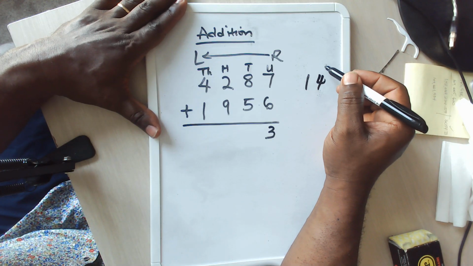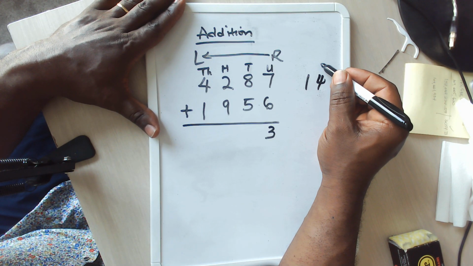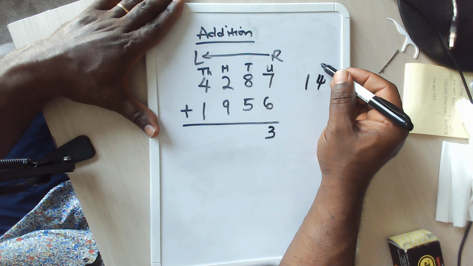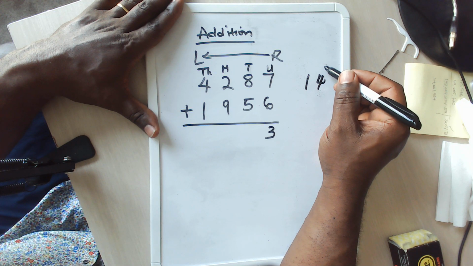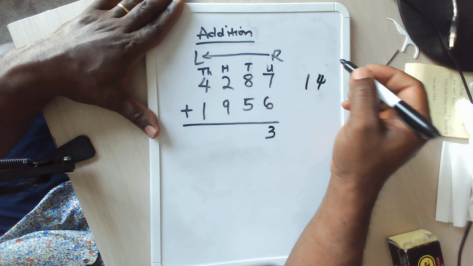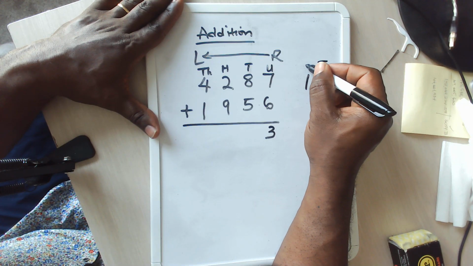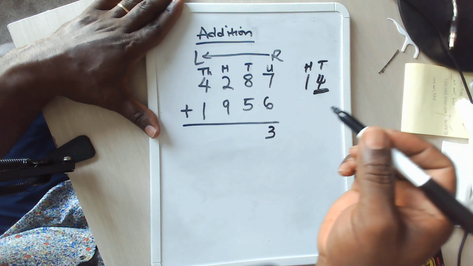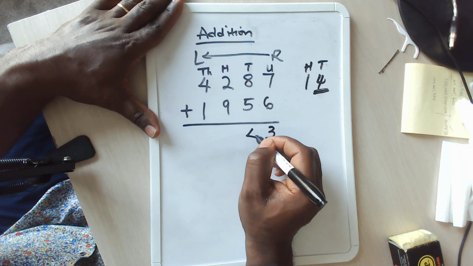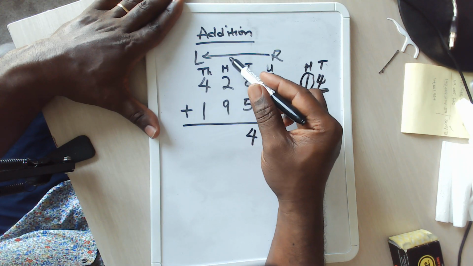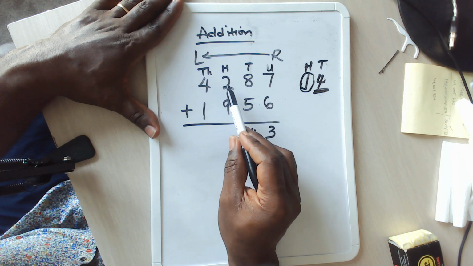Now, I told you that you start writing the unit from the right, but the unit that will be on the rightmost figure will be the column you are adding currently, which is unit of 10. So here you put 10, then automatically this will be unit of 100. So you put this under the column of unit of 10, 4, and you carry over 1 to the column of unit of hundreds.